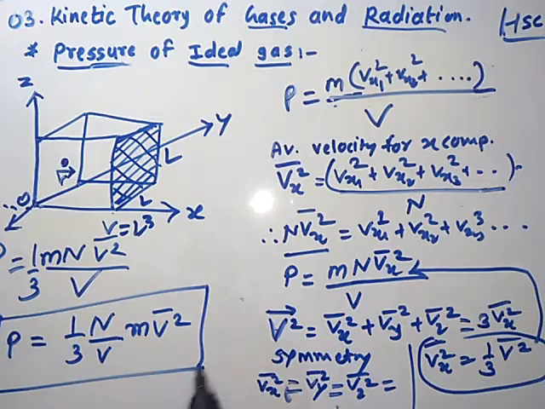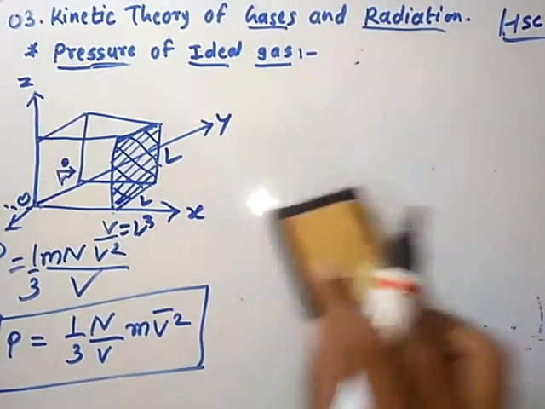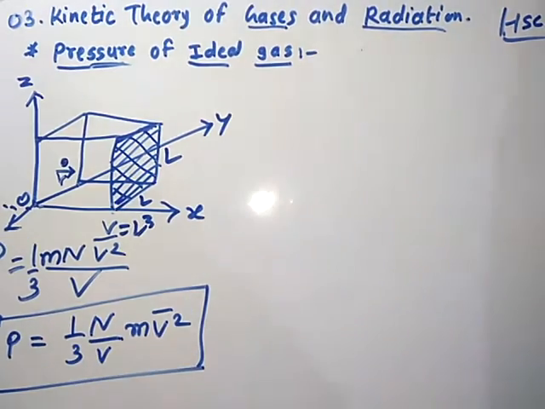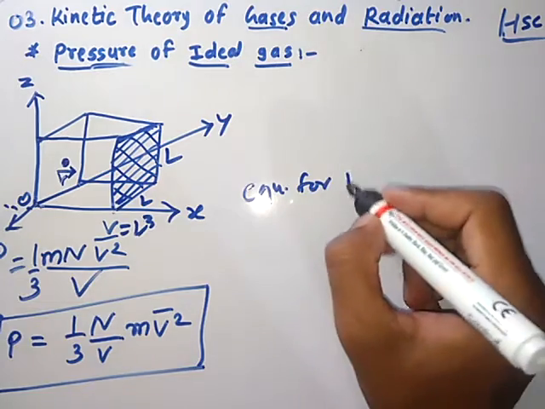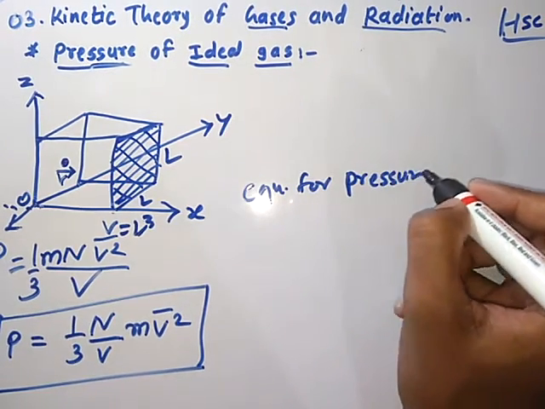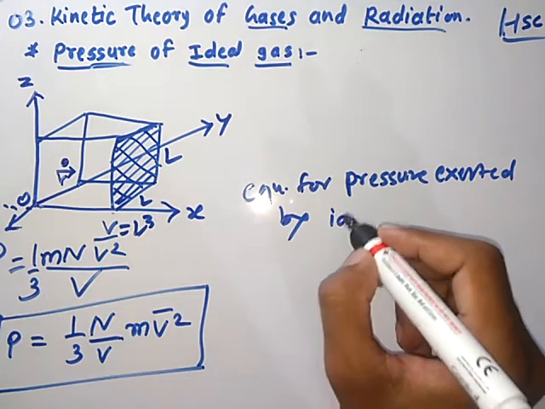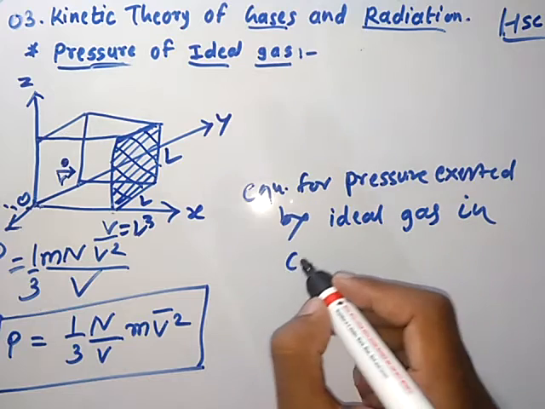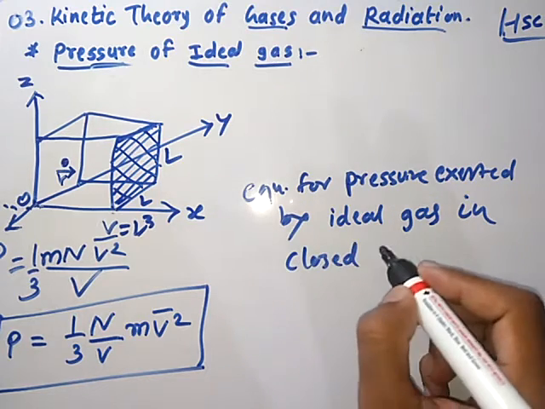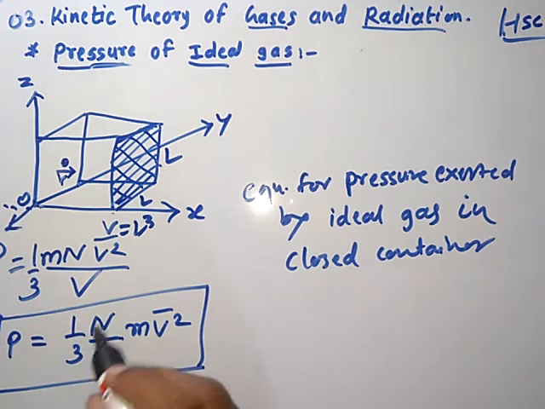So this is the equation for pressure exerted by an ideal gas in a closed container. Remember, it depends on the total number of molecules.